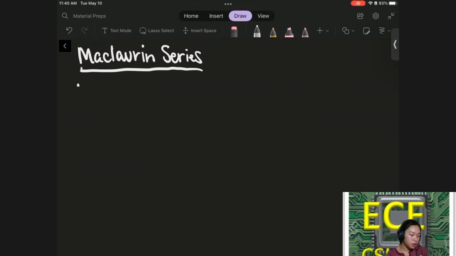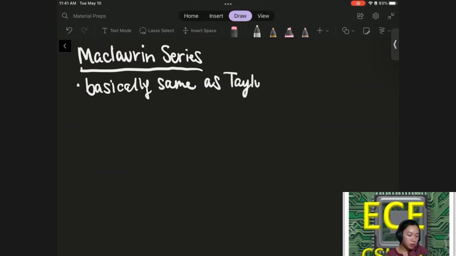So basically, same as Taylor series, except c equals 0.